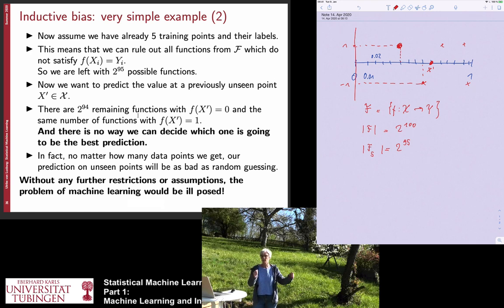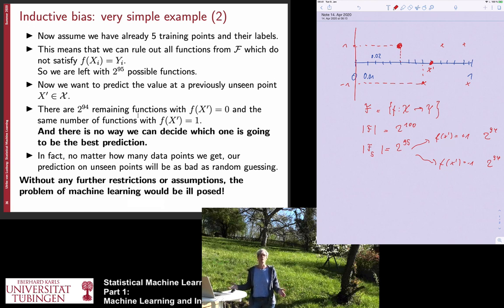And we have another 2 to the 94 functions that would predict that the label of this point is +1. So in our function space, we have those functions that say f of x prime is +1, and we have functions that would say f of x prime is -1. And here we have 2 to the 94 many functions, and here we also have 2 to the 94 many functions.